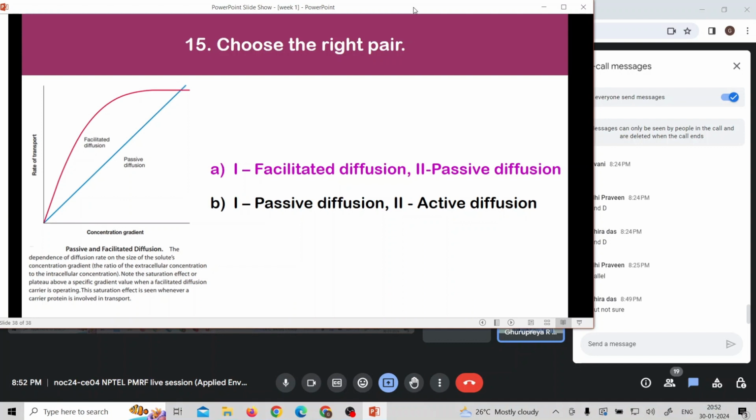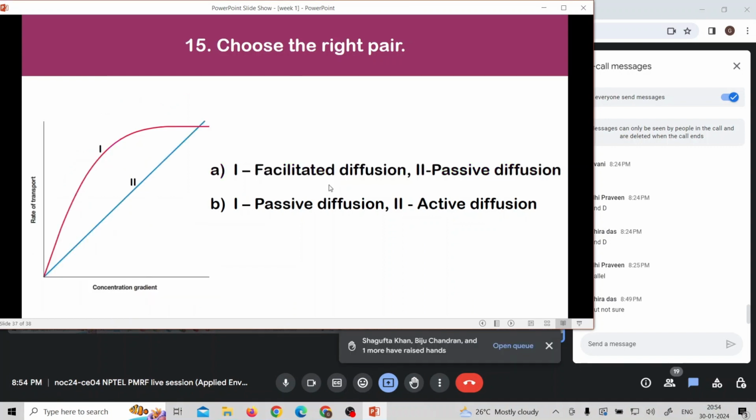Whereas, as the name suggests, in facilitated diffusion, you will have molecules which are going to facilitate the diffusion process. So, however high the concentration gradient is, there are only a few helper molecules that are going to help these molecules get transferred. Even though there is a very high concentration on one side and low on the other side, the helpers should be sufficient.